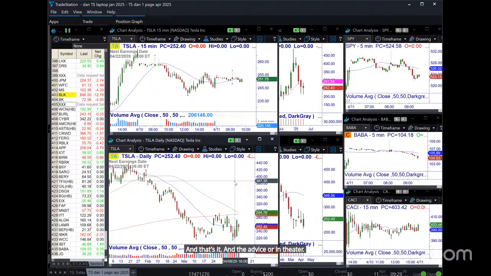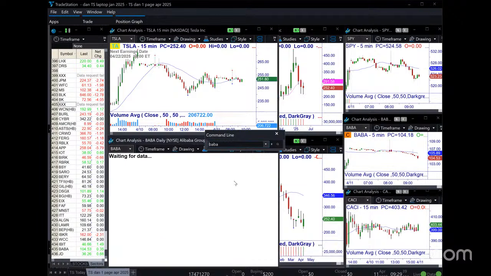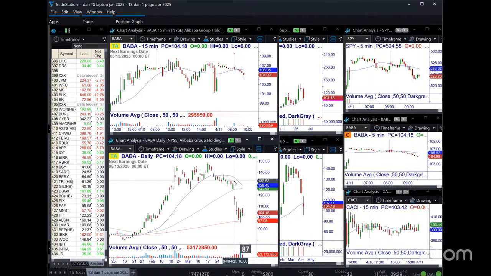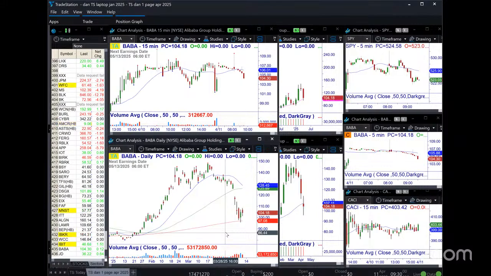All right, so we have Baba, 87.5 short puts. Look at that, 87.5. Look how low this is. Crazy. There's extra risk trading China stocks, but I was talking about China.